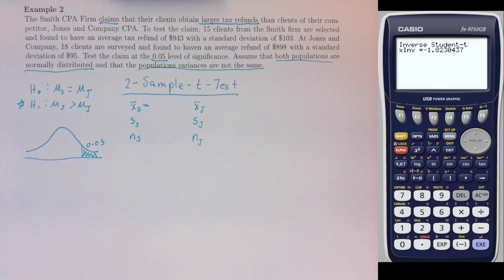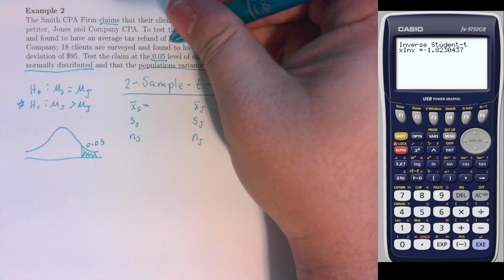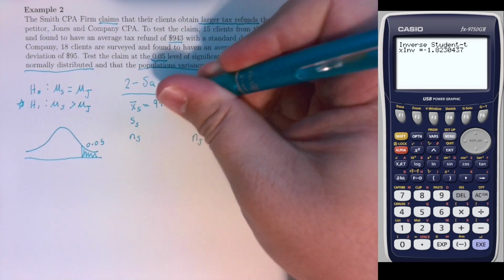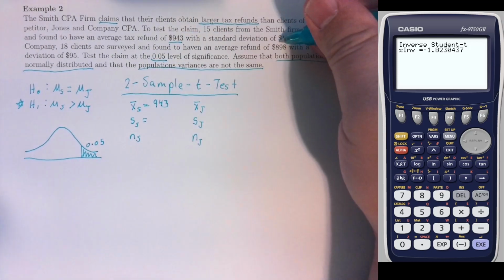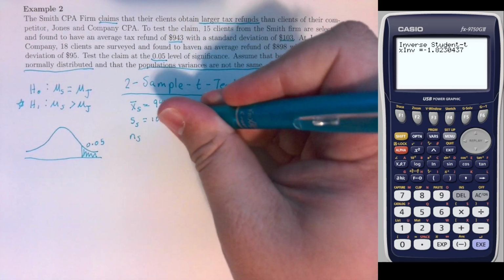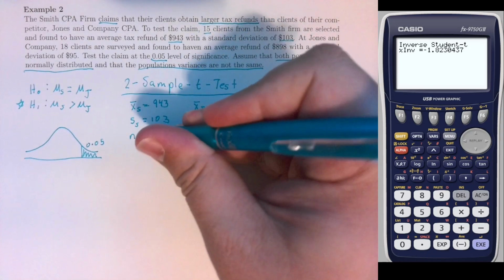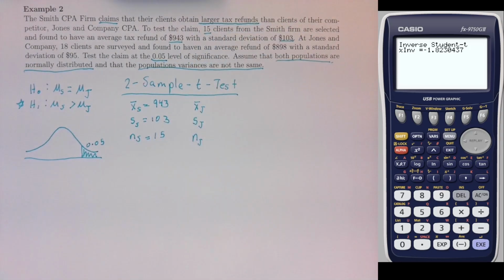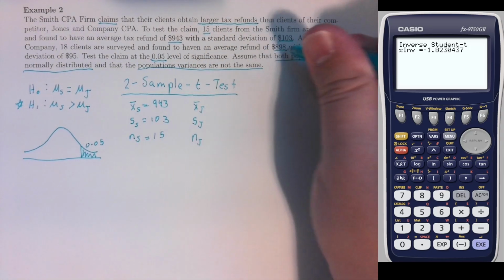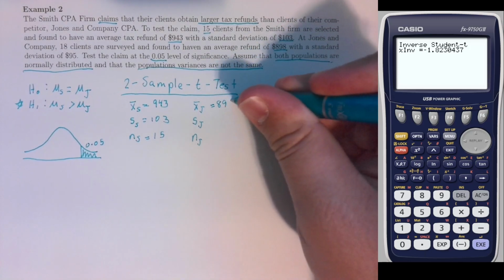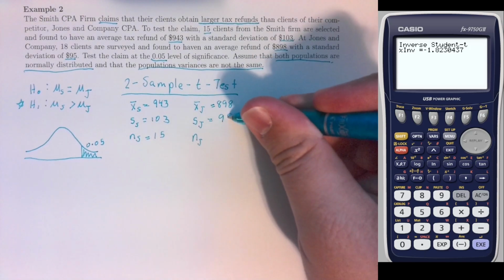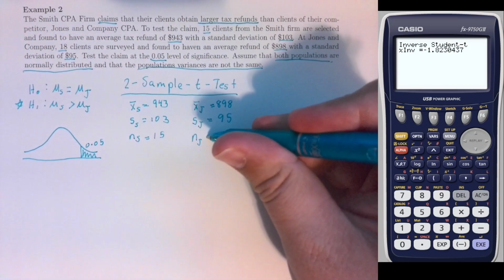So the sample mean for Smith was 943 with a standard deviation of 103, and that was based off 15 clients. For Jones & Company, the average was 898 with a standard deviation of 95, and that is based off 18 clients.